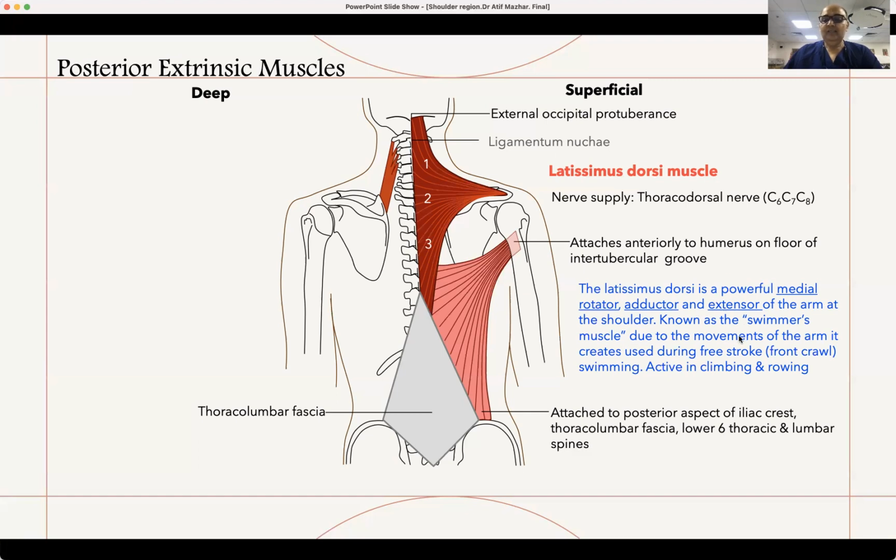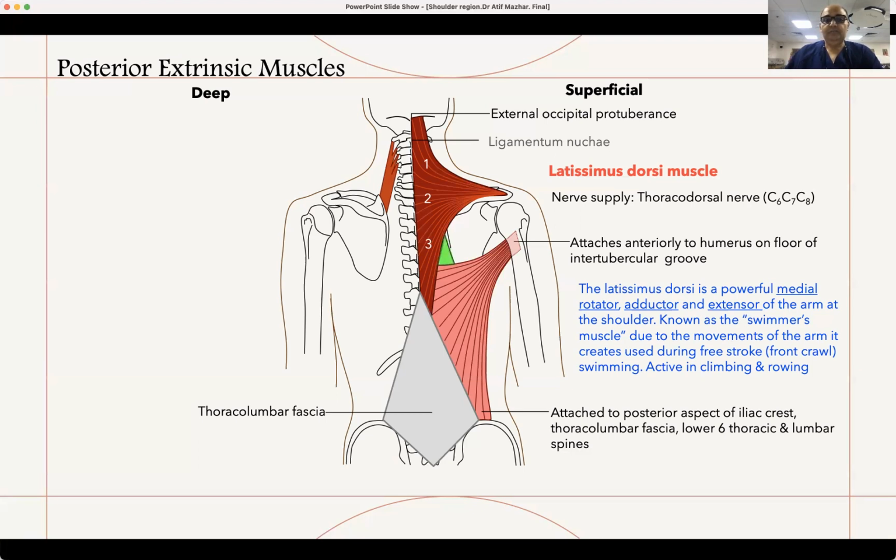This muscle helps with front crawl swimming, and is active in climbing and rowing, as I mentioned already. But what you should not forget: powerful medial rotator, adductor and extensor of the arm. Where? At the shoulder. So you have to be very specific. We always ask, be specific. What is the meaning of be specific? This is what it is.